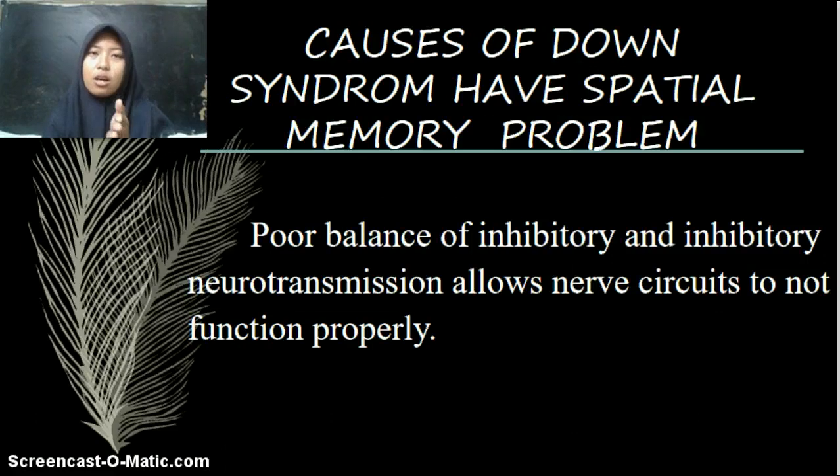When the dose of this gene is normalized in this transgenic mouse, spatial memory problems disappear. So we can conclude that a poor balance of inhibitory and excitatory neurotransmitters does not allow nerve circuits to function properly.